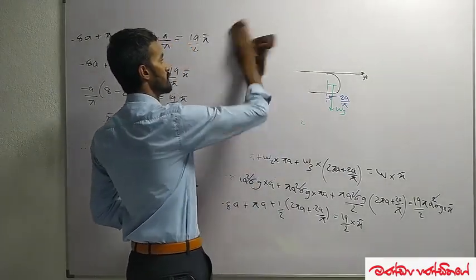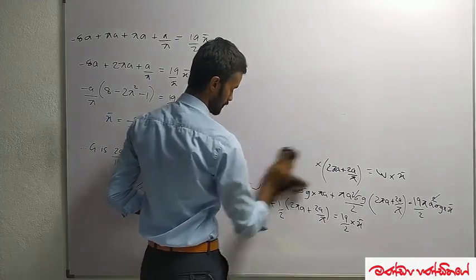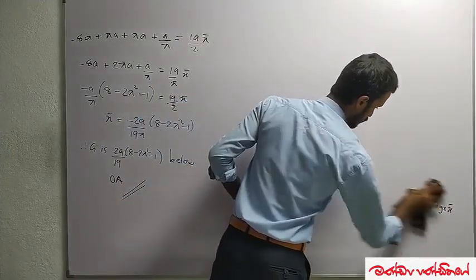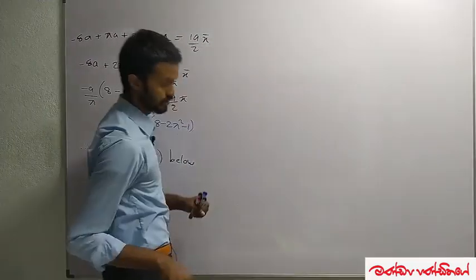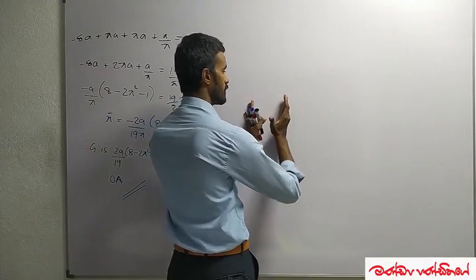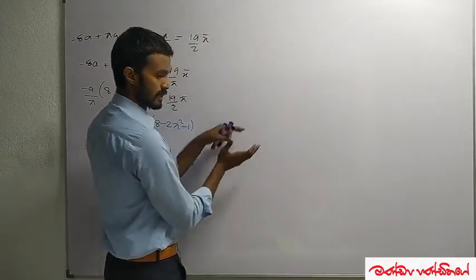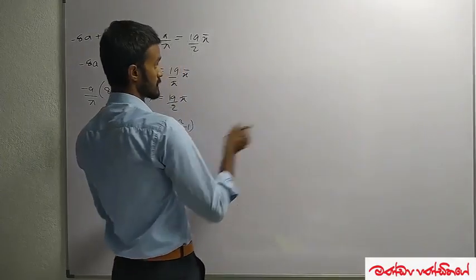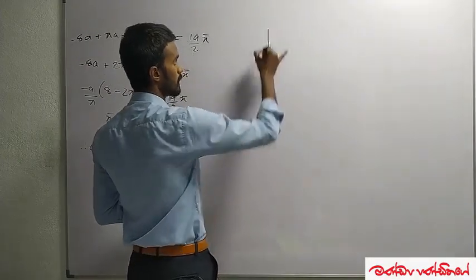But now I'm moving to finding the center of gravity from the x-axis, which means we have to turn this diagram. The diagram was like this, and I'm drawing the diagram in a vertical direction. First I drew OD and AB as horizontal lines, and now I'm drawing it as a vertical line.